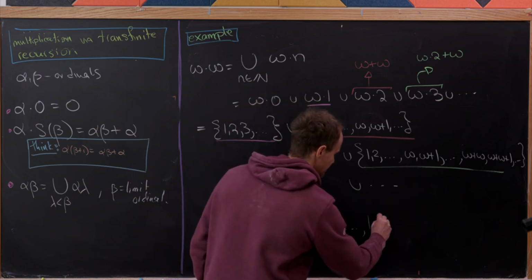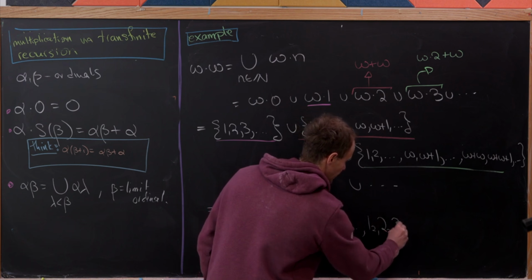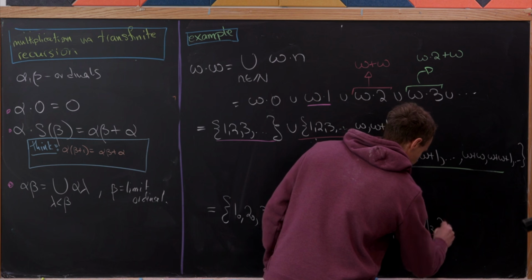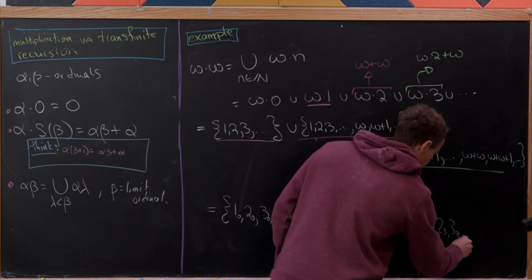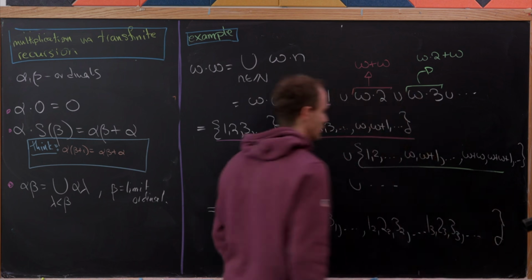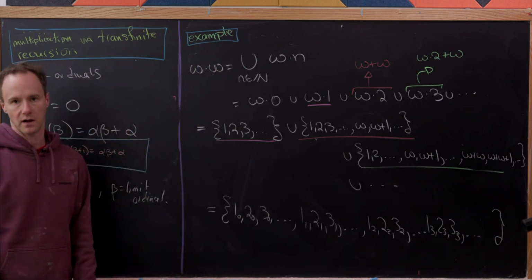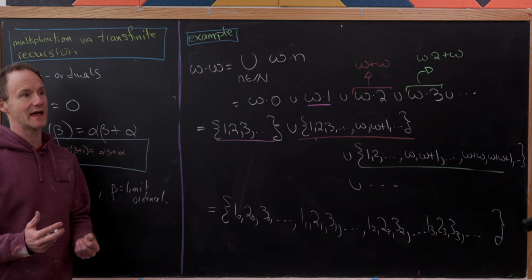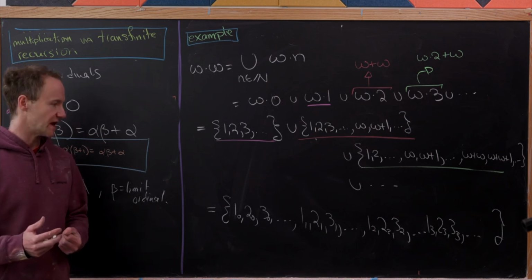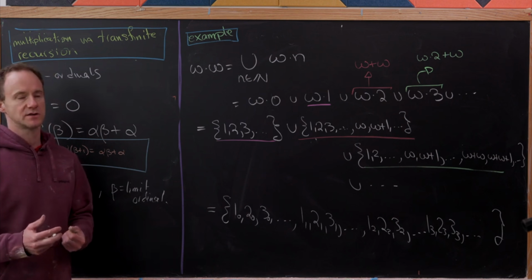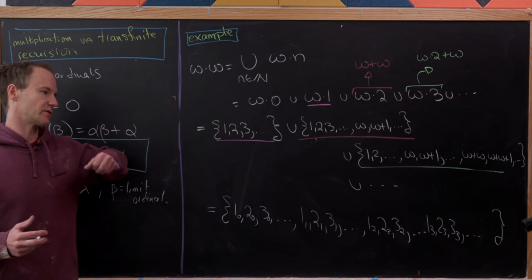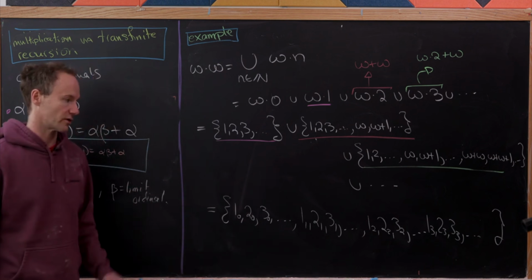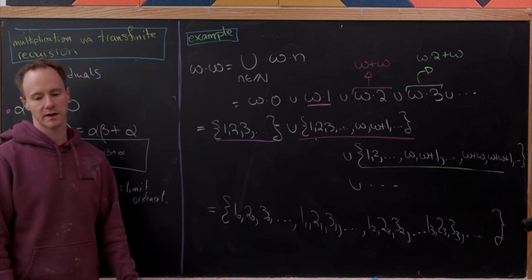Then we have 1 sub 2, 2 sub 2, 3 sub 2, that continues on. And then we'll have 1 sub 3, 2 sub 3, 3 sub 3, that continues on. And then we keep going on and on. So what we have is something like ordered pairs of n cross n, natural numbers cross natural numbers. But what we've done is we've put them in this total ordering, just like a linear ordering.